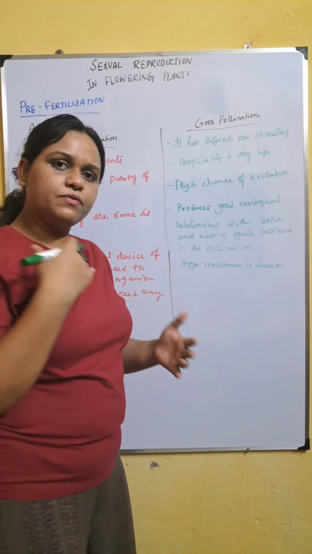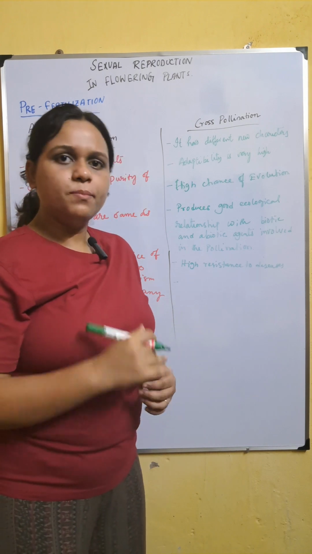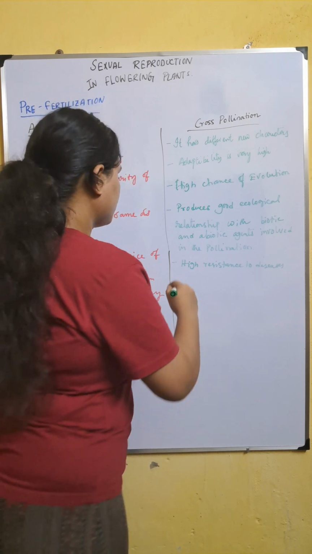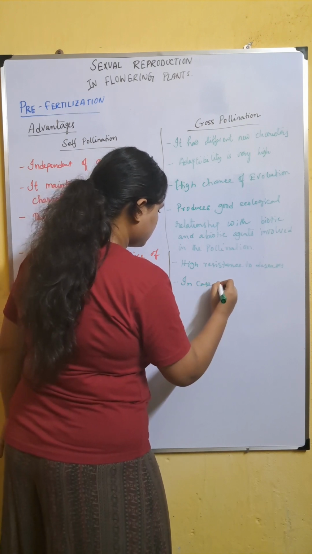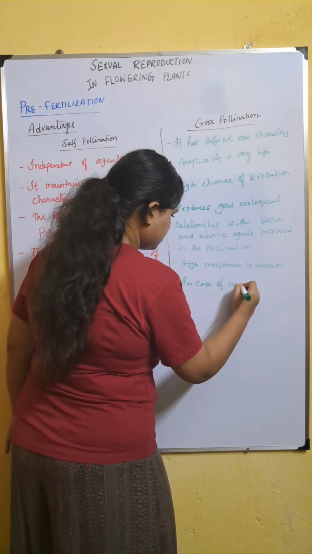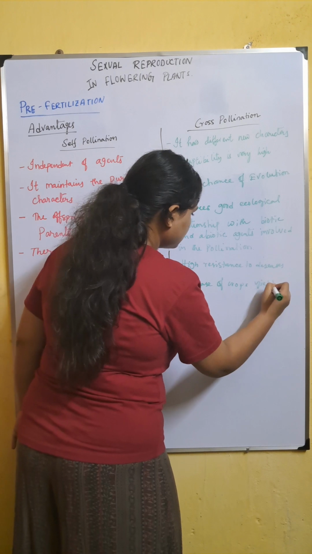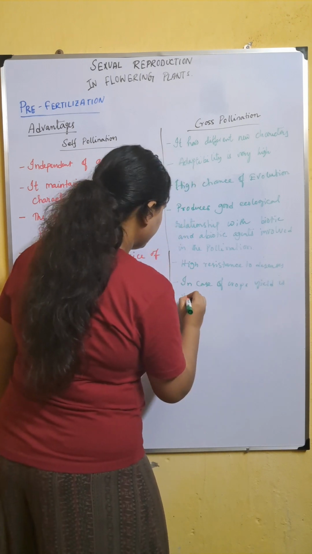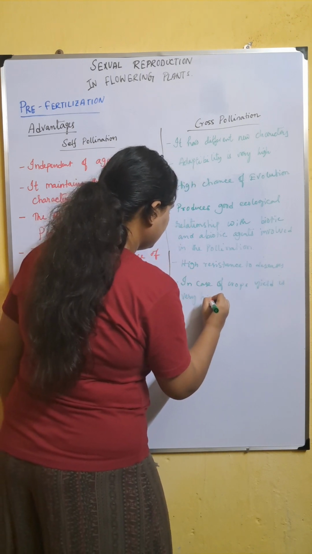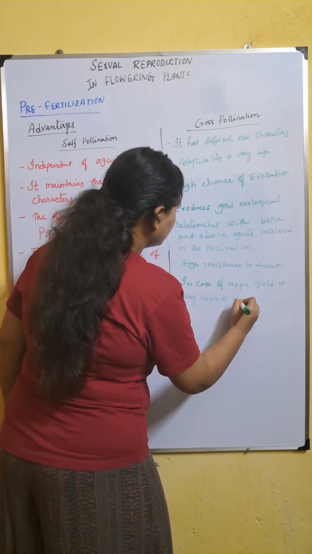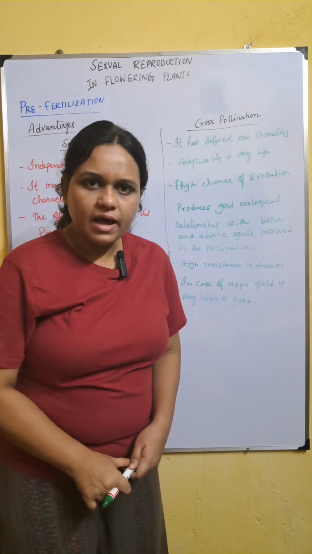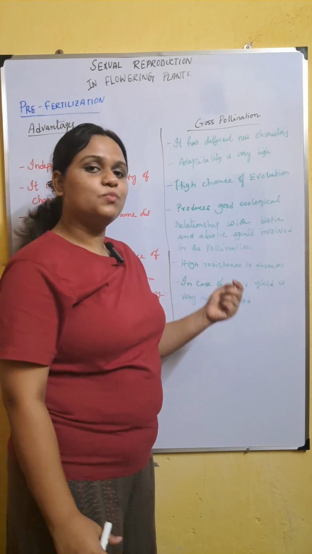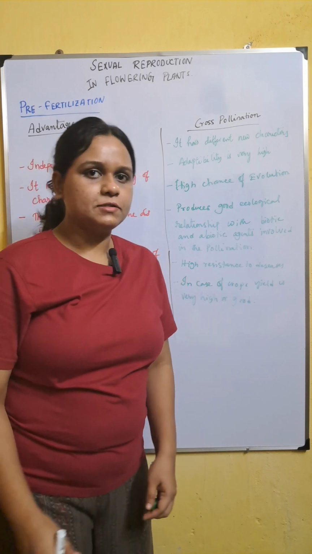Crop yield is very high or good. So you will never be deprived when there is cross pollination in plants.